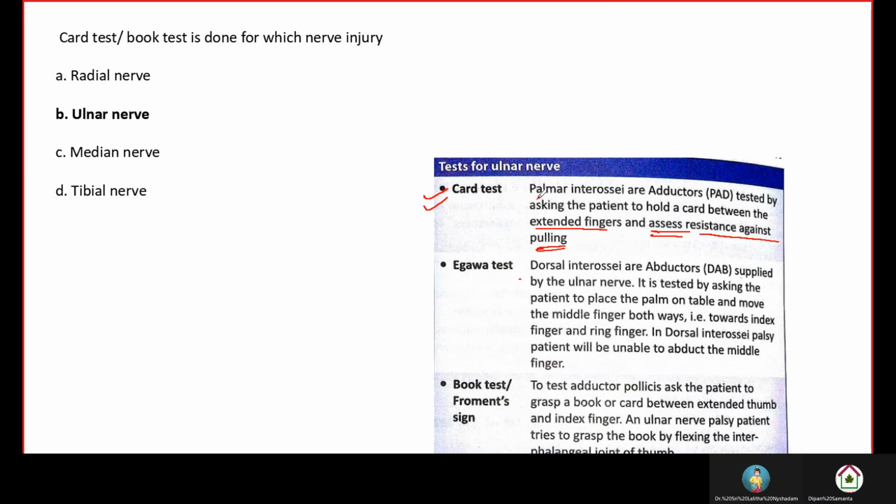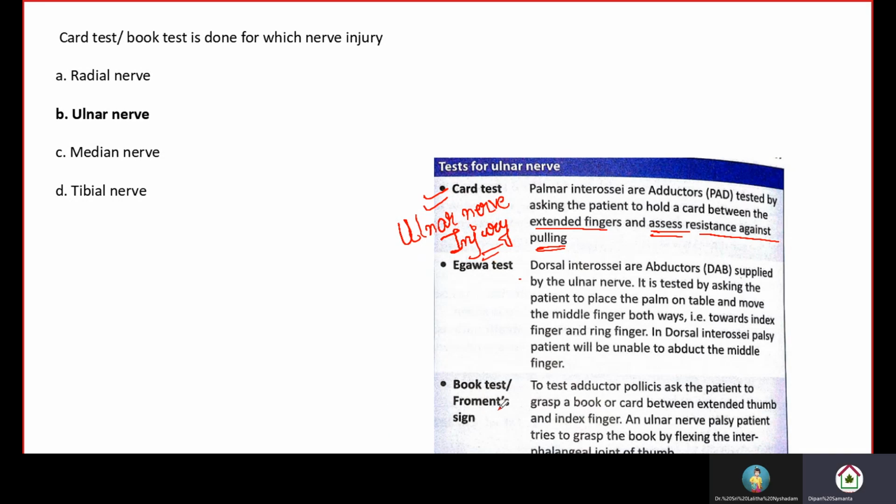It is used for verification of ulnar nerve injury. Ulnar nerve injury.